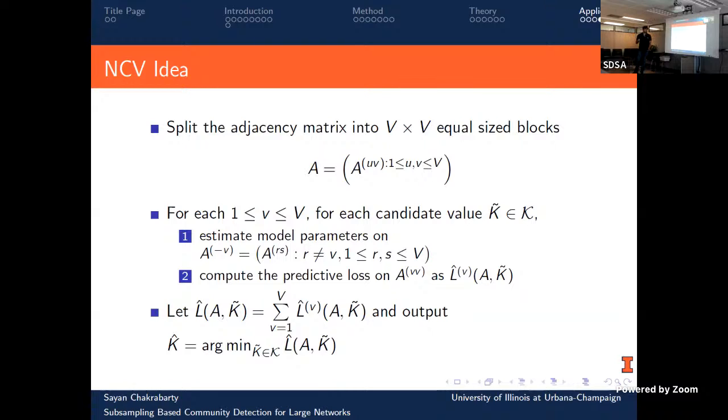We can use a likelihood based loss function or the negative log likelihood as a loss function. Another common choice is just squared error loss. And then we sum those loss functions over all the folds, and we select the value of k from the candidate set that has the lowest loss value.